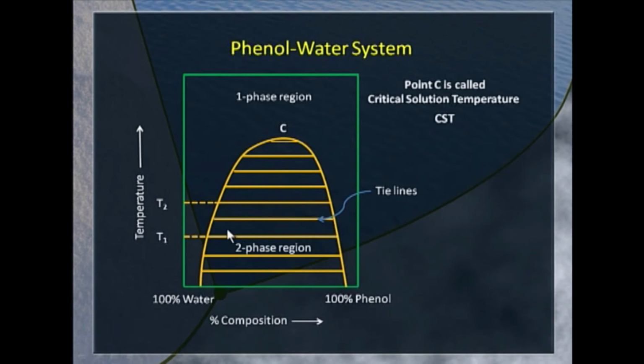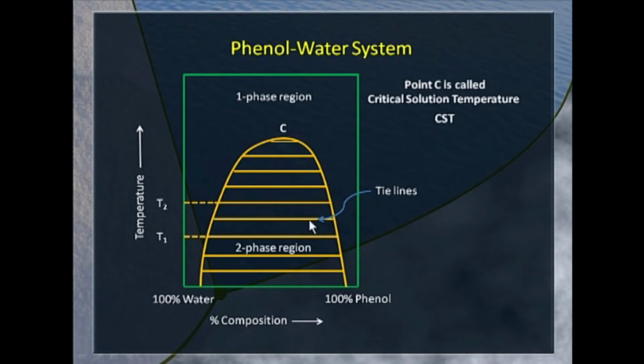As you continue to add additional phenol into it, the relative amounts of the two phases will change, and finally we reach a system in which there is large excess of phenol, and again the miscibility is attained.